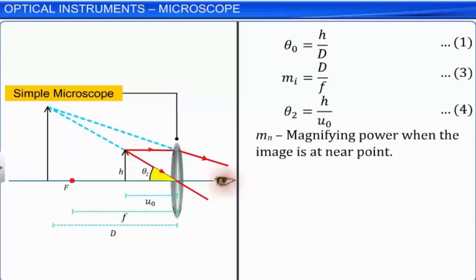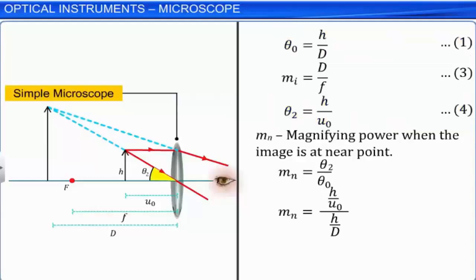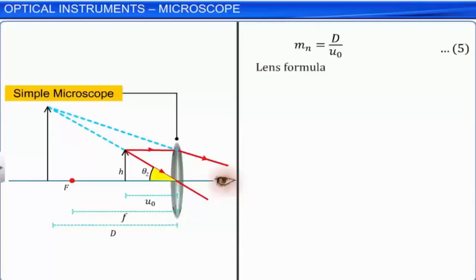But from the lens formula, we have 1 by v minus 1 by u is equal to 1 by f. Using the Cartesian sign convention, we can write that u is equal to minus u0, v is equal to minus D. Substituting these values in the lens formula and then multiplying both sides with minus D, and on further simplification, we get D by u0 is equal to 1 plus D by f.